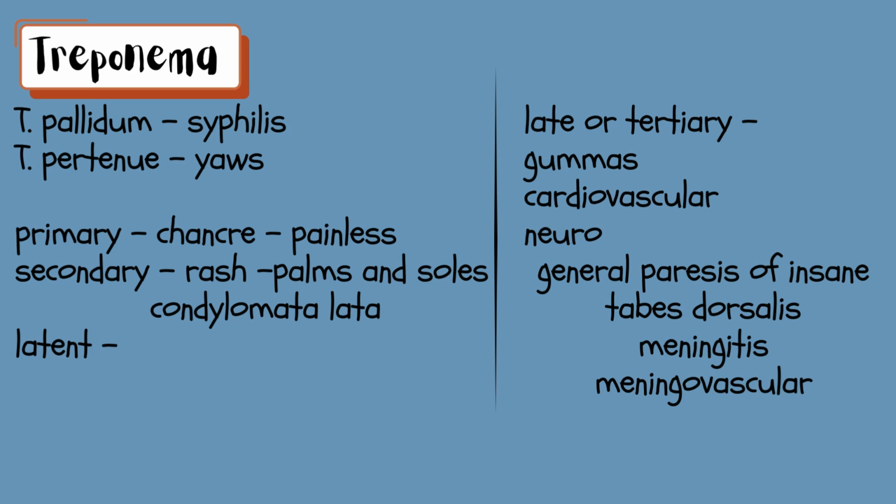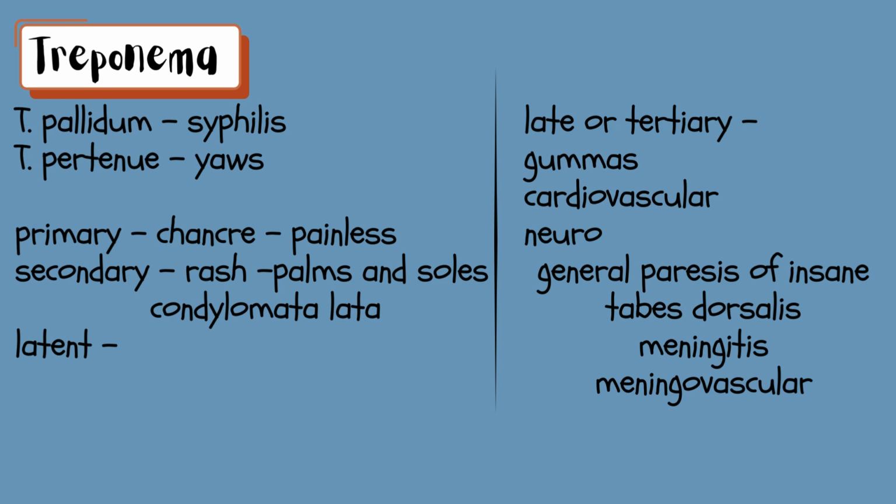Secondary syphilis, which happens a little bit late, months later, is characterized by rash in the palms and soles, and we also have condylomata lata. Now there is a latent syphilis where the patient is asymptomatic, but they continue to be infective.